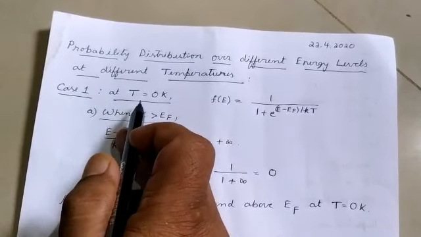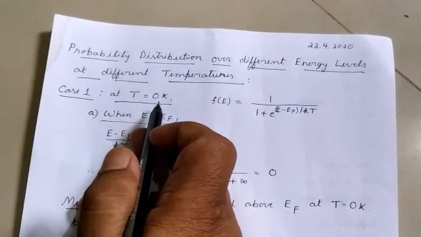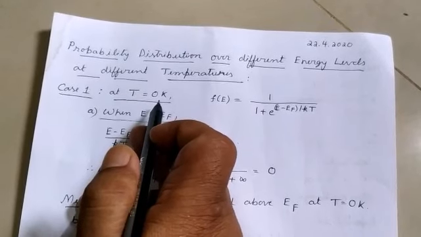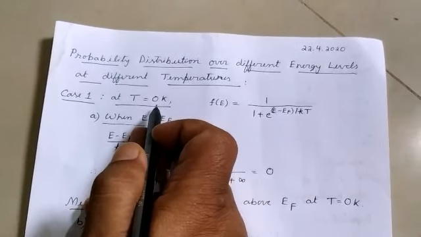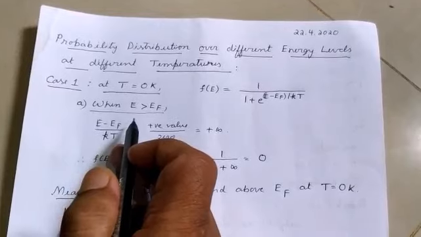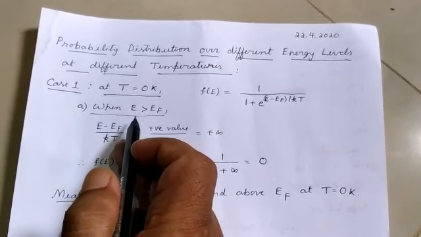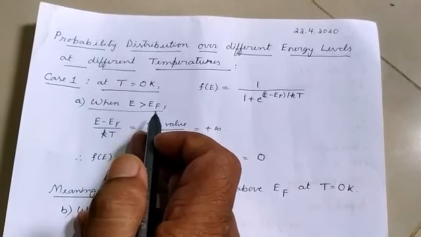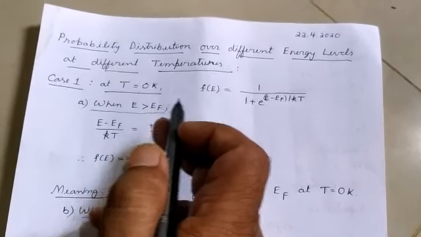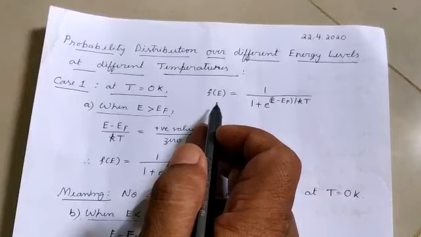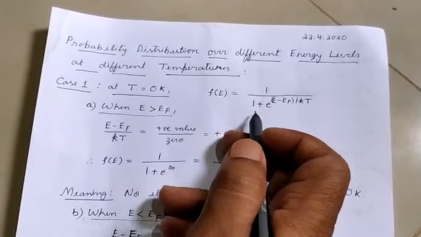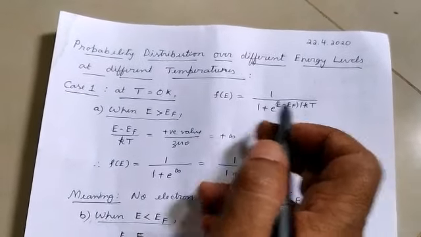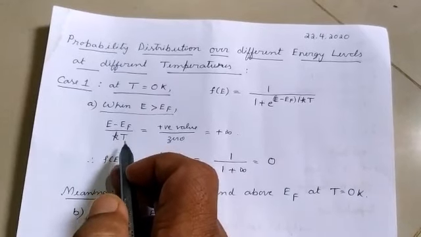Case 1, when the temperature is 0 Kelvin, the lowest temperature, minus 273 degrees centigrade. In this case I will take a sub case for energy levels E which are above the Fermi level, that is E greater than EF. Now I will see what happens to the Fermi factor f(E). Take the term (E - EF)/kT.